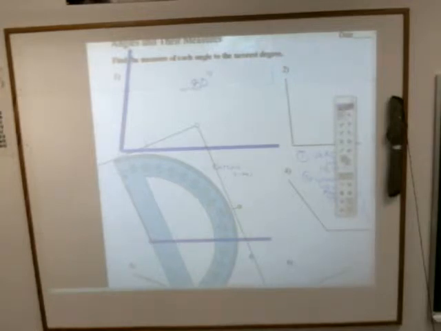If you got that, then go ahead and see if you can draw these angles here. Because if you've already got it, there's no point in me going over it.